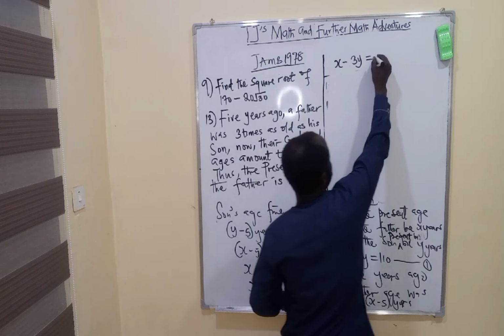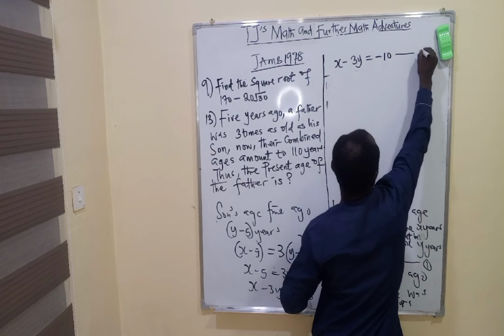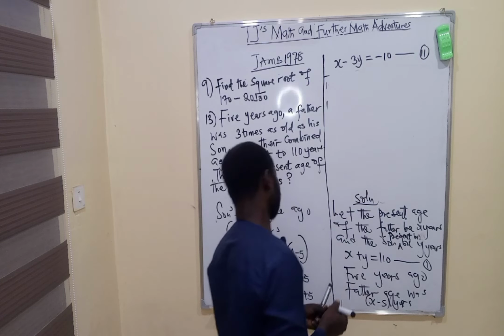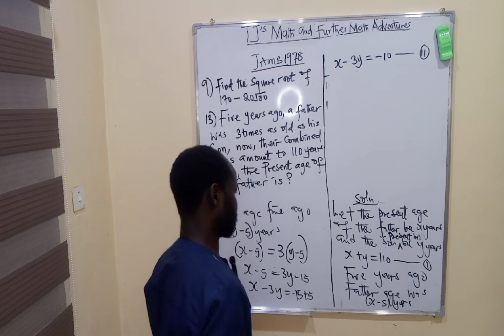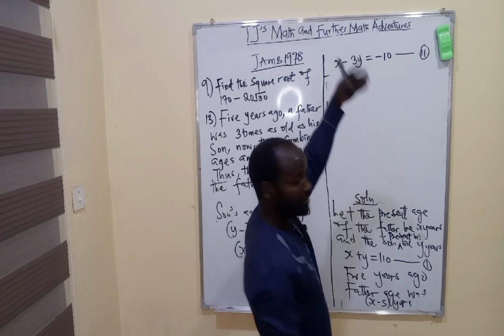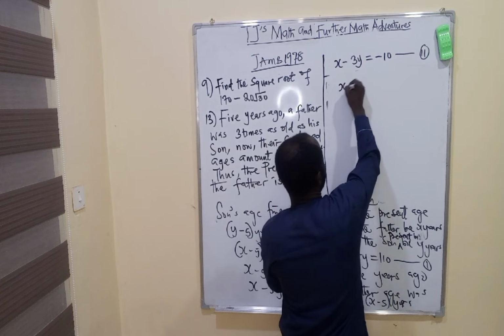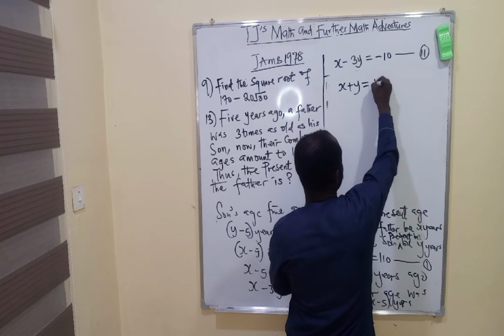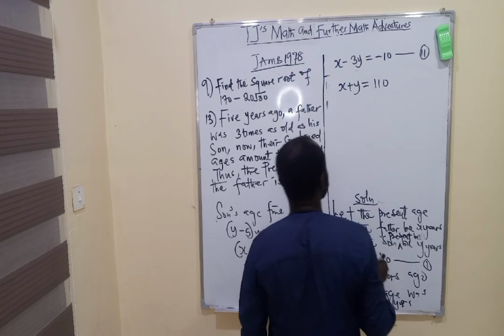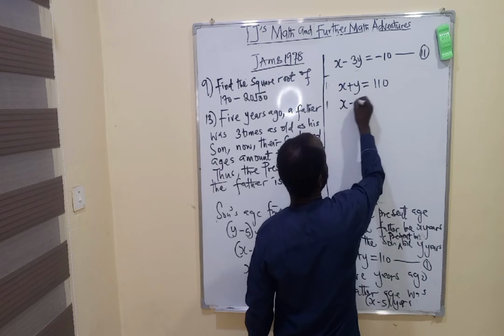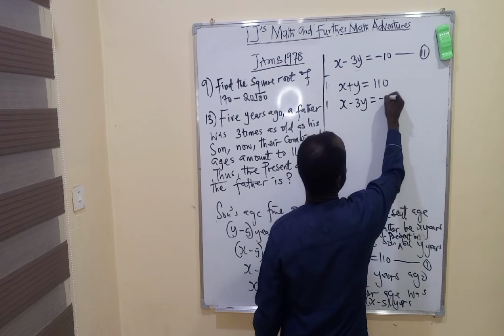Of course, it will be minus 10, and this will be our equation 2. So we can solve equation 1 and equation 2 simultaneously. We have X plus Y, that's our equation 1, equals 110. Then equation 2, X minus 3Y equals minus 10.